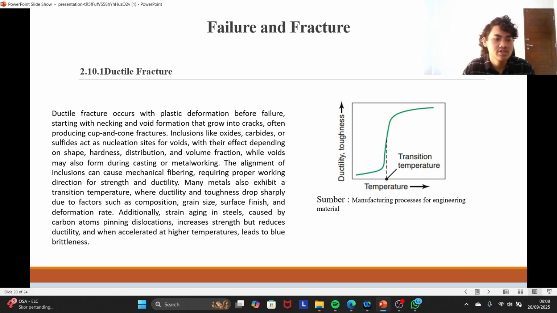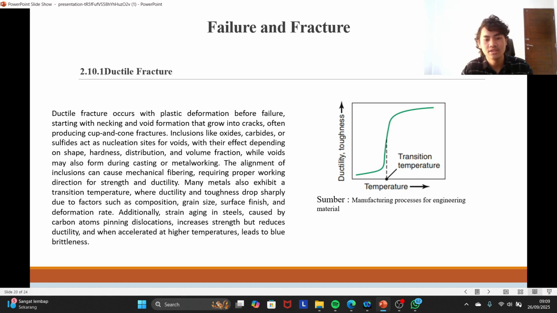While voids may also form during casting or metalworking, the elongation of inclusions can cause mechanical fibering, requiring proper working direction for strength and ductility. Many metals also exhibit a transition temperature where ductility and toughness drop sharply due to factors such as composition, grain size, surface finish, and deformation rate.